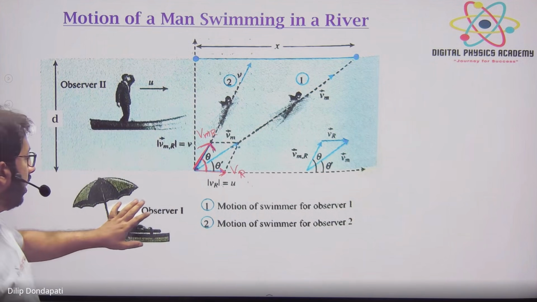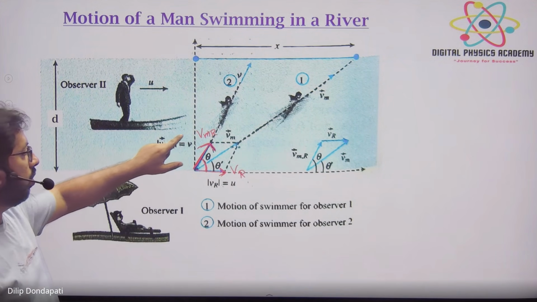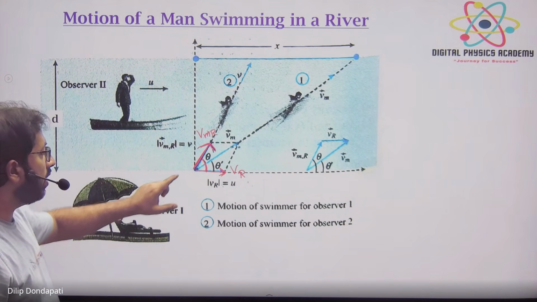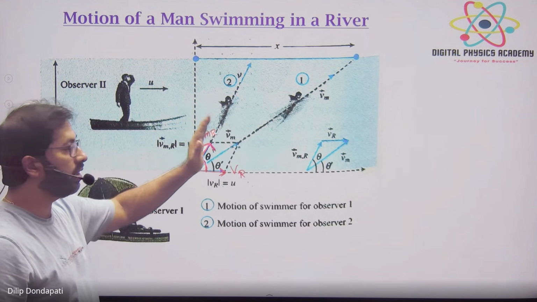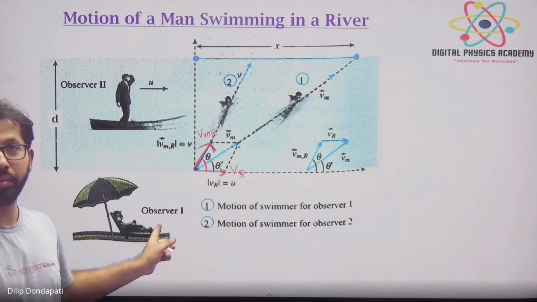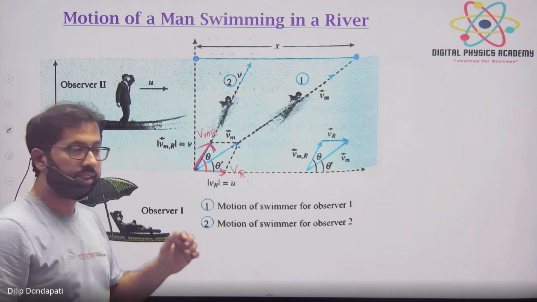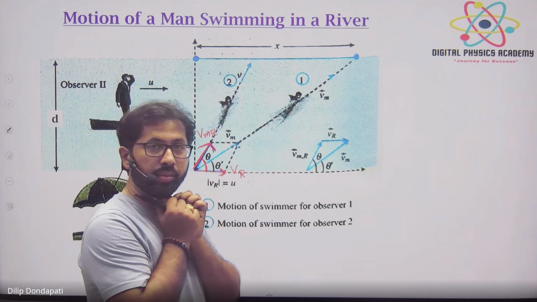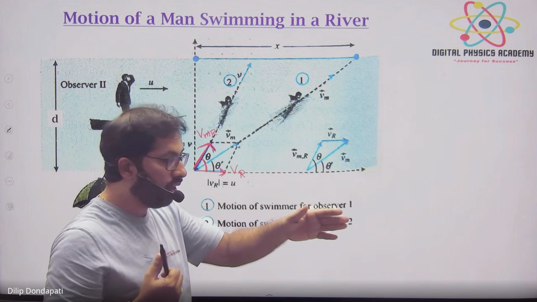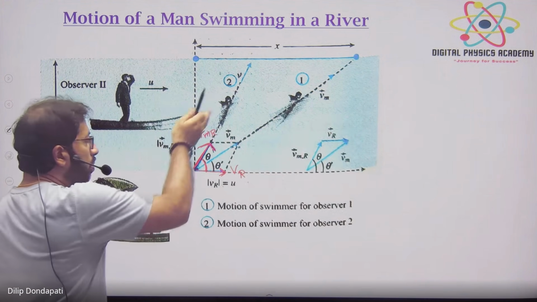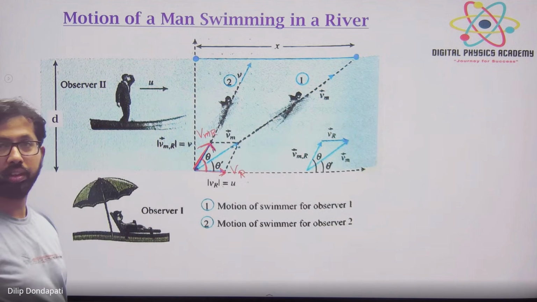First observer के respect में whether he will go on the ground, according to him whether he will go like this or somewhere direction में. Tell me, if he is seeing from the top view, ऊपर से देख रहे suppose swimmer को, whether he feels that he is going in the same direction which he is swimming or any other direction.